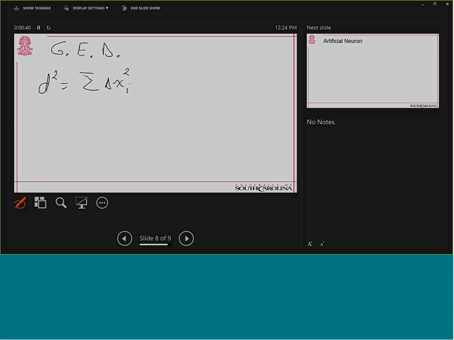If I have a 5-dimensional space, I have in dimension 1 the delta x squared, and in dimension 2 delta x squared, and so on and so forth. So this is the Euclidean distance.